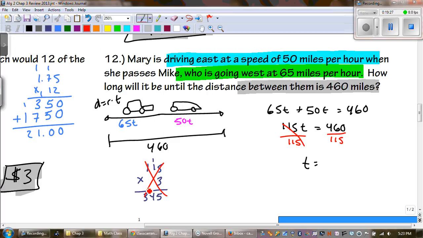Oh, it's not 3. Let's try 4. 4 times 5 is 20. 4 times 1 is 4, plus 2 is 6, and 4. So we get 460. So we get our answer of 4 hours.